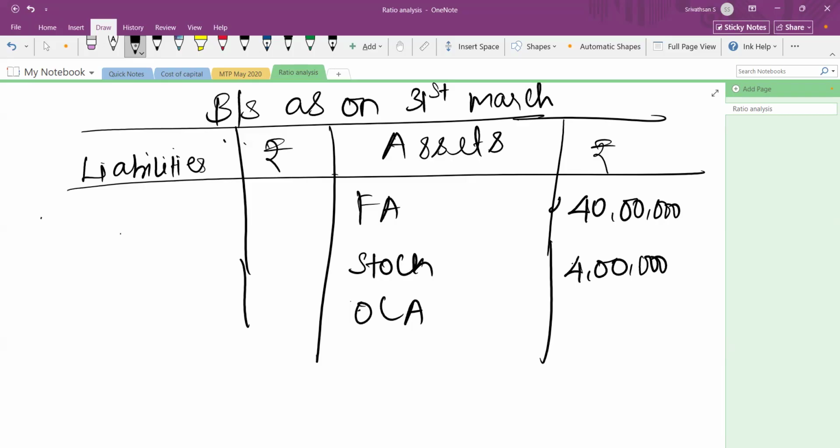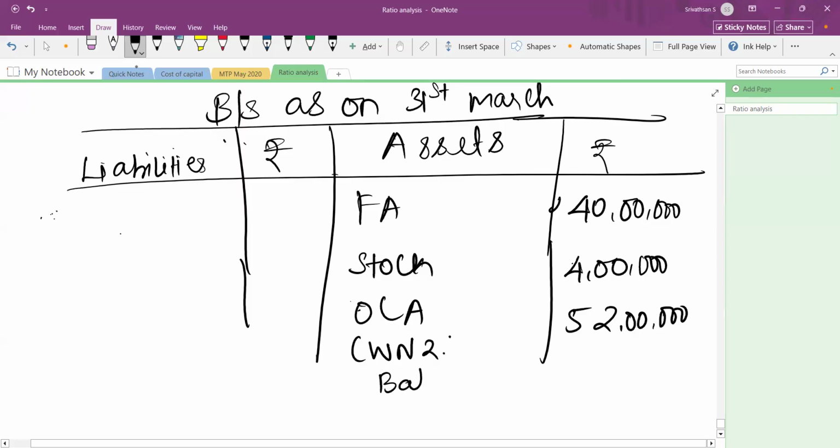Then write the liability side first. So other current asset 52 lakh. Okay, makes sense. So we calculated current asset in working note 2. Working note 2, balancing figure this is.